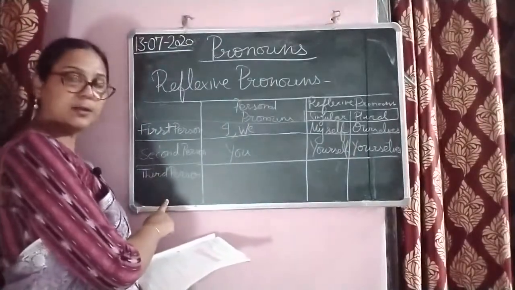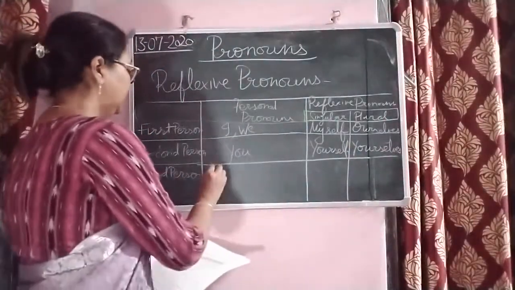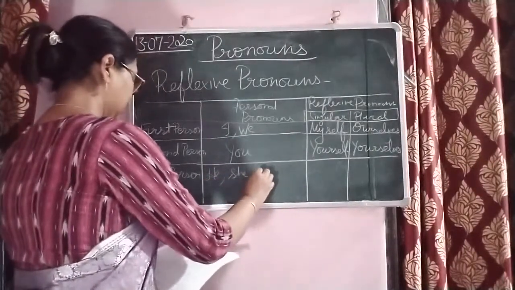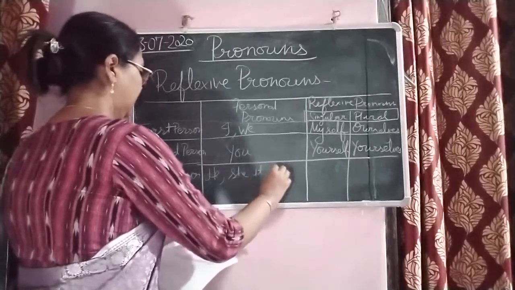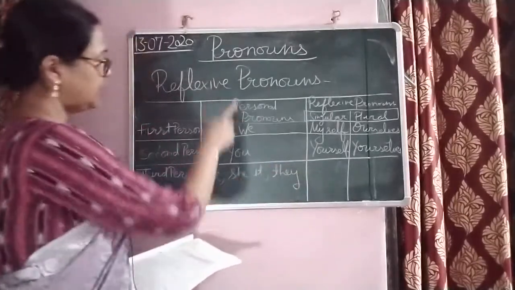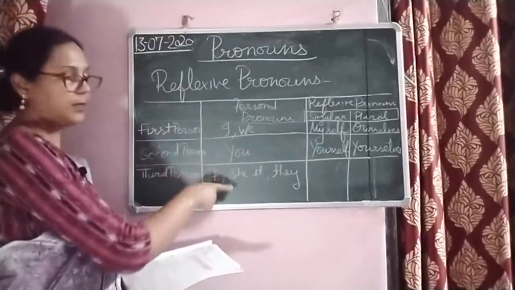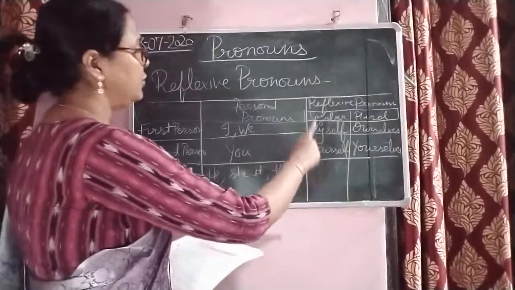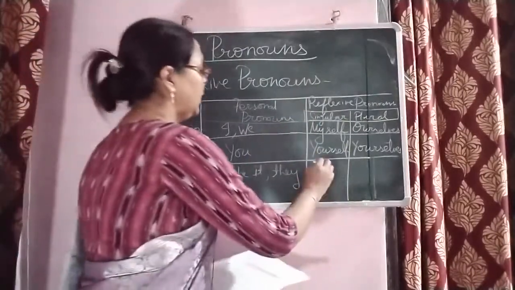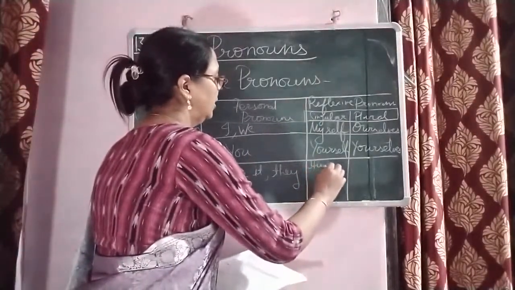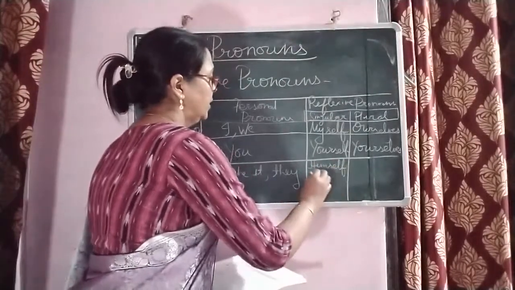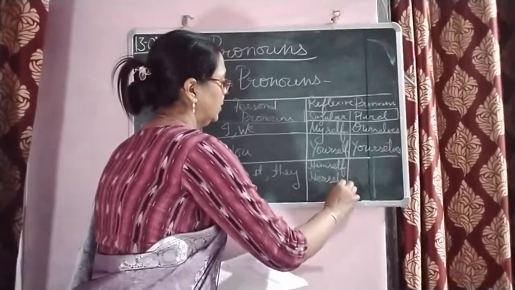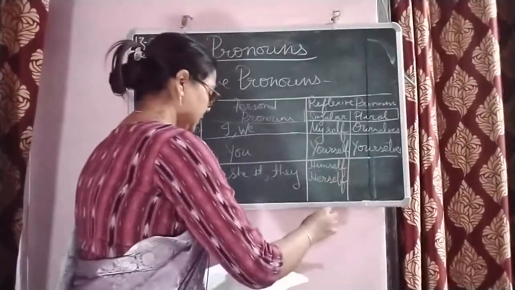Then third person. In third person, as you all know, he, she, it, they. These are the third person of personal pronouns. Now in singular, we are going to write in reflexive pronoun himself, herself, and itself.